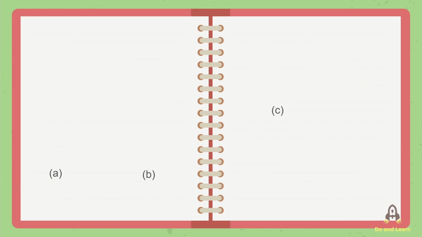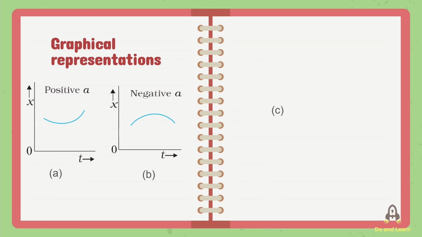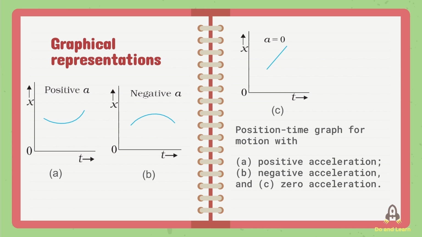Let us see how to represent acceleration in a graph. The first graph shows positive acceleration, the position time graph of motion with positive acceleration. The second graph is negative acceleration, and the third is zero acceleration. In the zero acceleration graph, you can see the distance increasing with time, and a constant velocity means the acceleration will be zero.